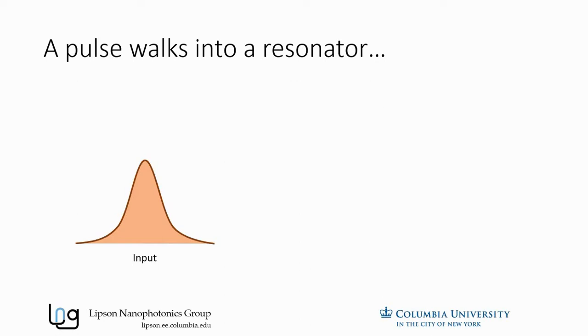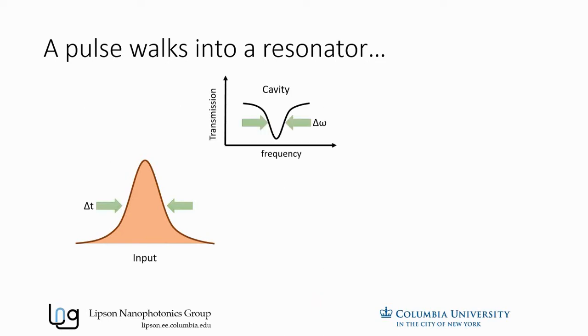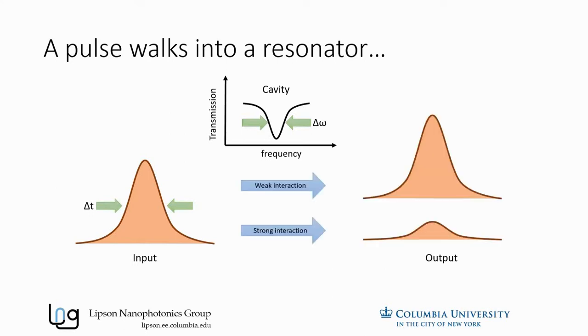A common situation that you encounter in photonics is one of a pulse, potentially very short, characterized by a lifetime or a pulse time, interacting with a cavity that is characterized by a certain frequency profile. And the relation between pulse duration and frequency profile of the cavity determines the strength of this interaction between pulse and cavity.